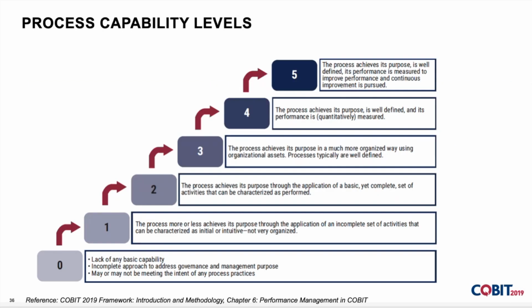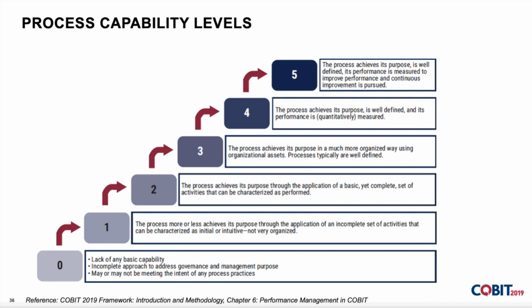Because what you see right here is capability maturity levels based on CMMI. So CMMI is an approach which basically says, well, in order to measure process capability, we're going to be looking at 5 different levels.